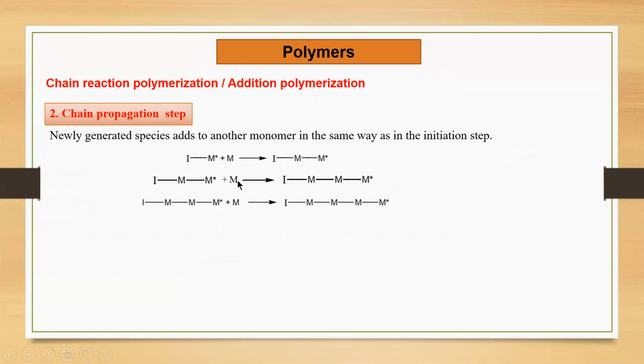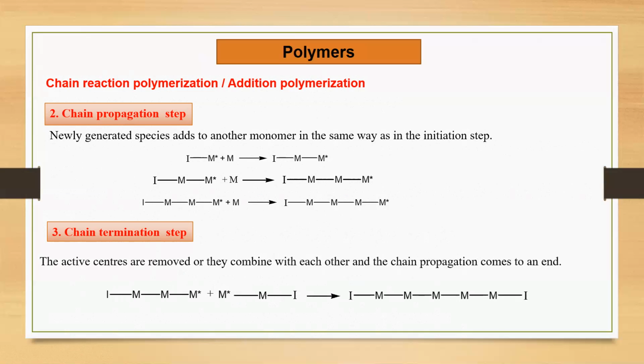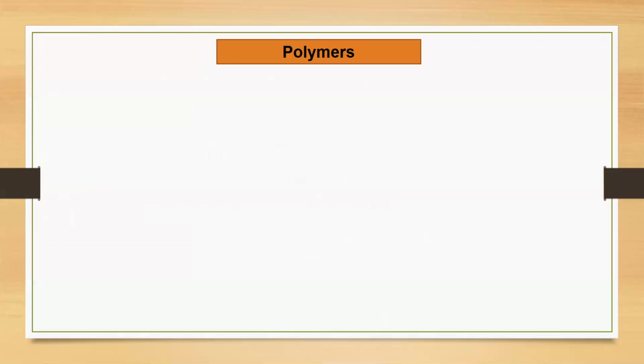This larger radical further adds on to a monomer molecule and the chain continues. In the final step, the chain termination step, two active chains unite together to form a neutral polymer. So these active centers are removed or they combine with each other and the chain propagation comes to an end.